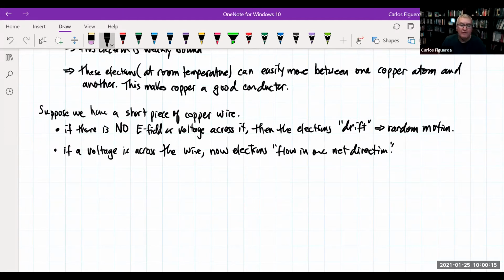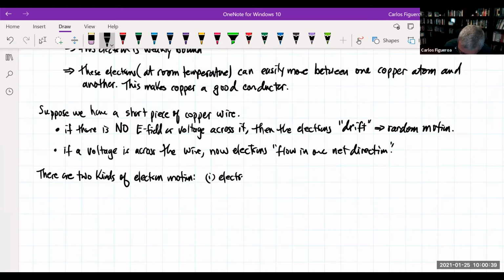And what we find here is that there are two kinds of flow. The first one is the electronic flow. The second one, I know people call it the flow of positive charge.